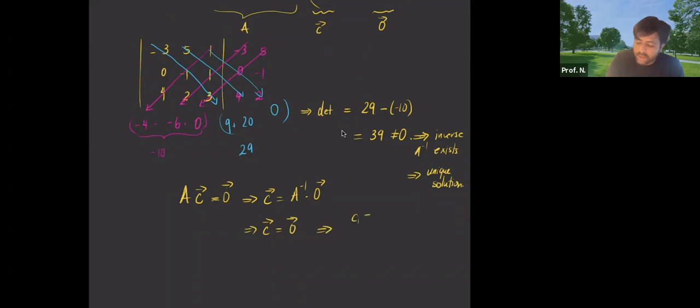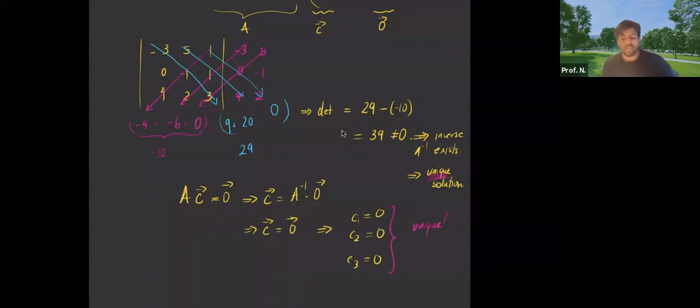So what did I just show? I showed that C1 has to be 0, C2 has to be 0, and C3 has to be 0. And there can't be any other values for C1, C2, or C3 because it's unique. There's only one. When you multiply 0 by this inverse matrix, the only thing that would produce would be 0. There's no other alternative.